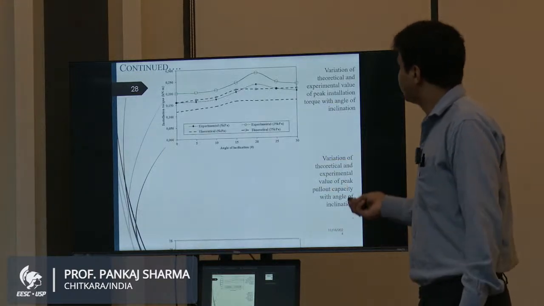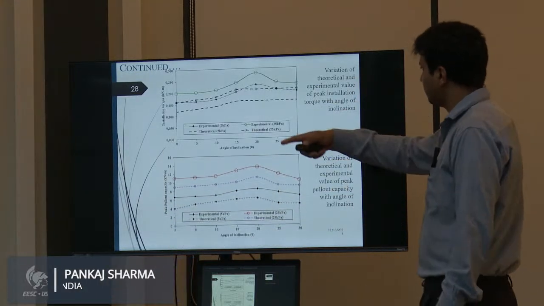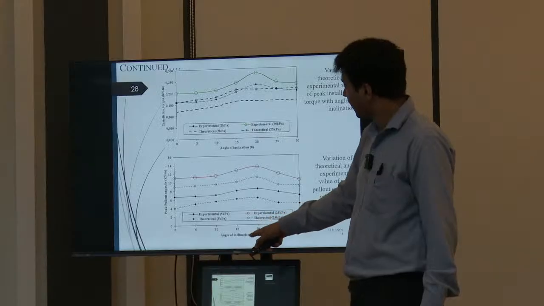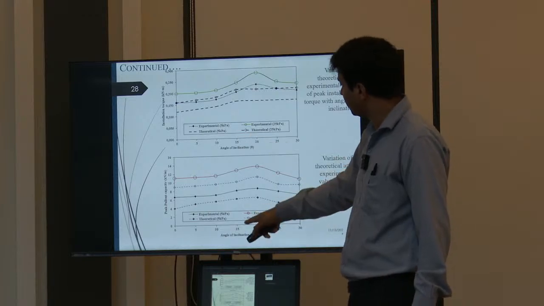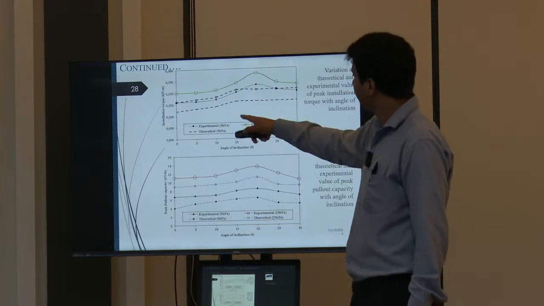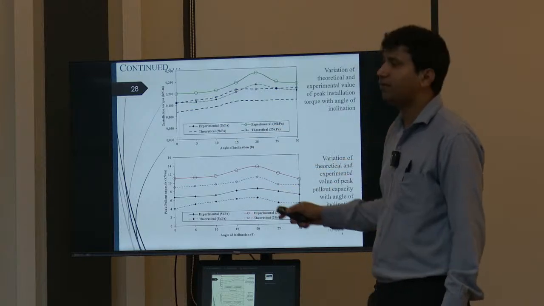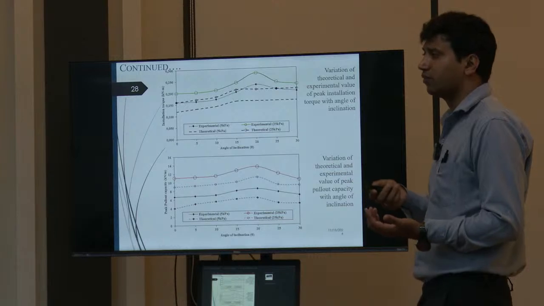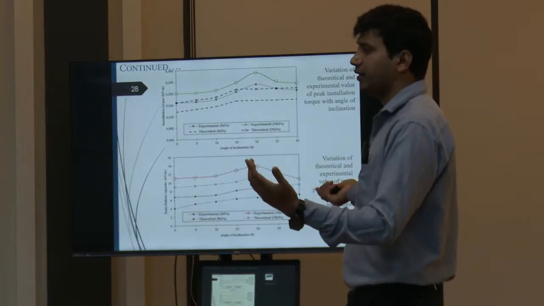For example, here researchers reported under different overburden pressure that an angle of inclination between 10 to 20 degrees for installation will give a better pull-out result. So these kinds of parameters you can check from the pull-out test and the apparatus.